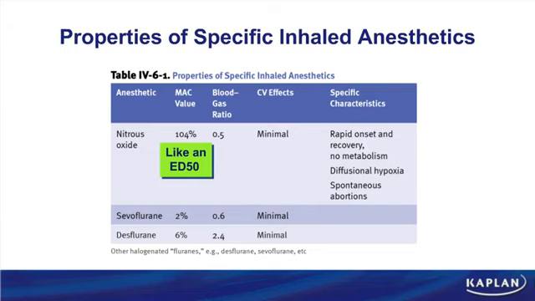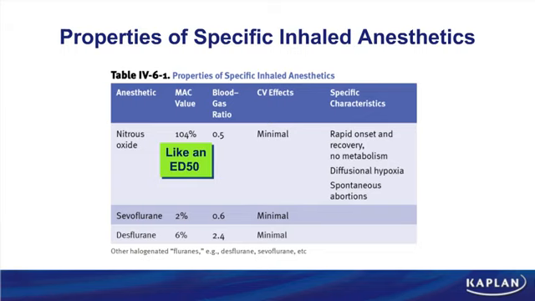So when I look at nitrous oxide with its MAC value of 104%, that tells me nitrous is not a very potent drug. Compare that to sevoflurane or desflurane, 2% and 6%, those are much more potent drugs, indicating that it doesn't take very much sevoflurane, for example, to anesthetize the average person.